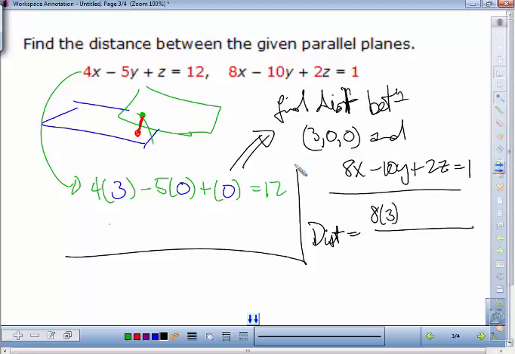So that's a times x1. x2 and x3, y1 and z1 are equal to 0 and 0. So the other stuff won't matter, but I'll put it there anyways. 10 times 0 plus 2 times 0. So that's all the stuff before the d, and then you have a minus d, and d is equal to 1.